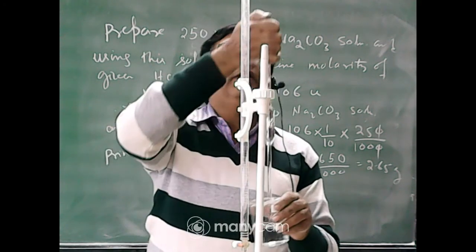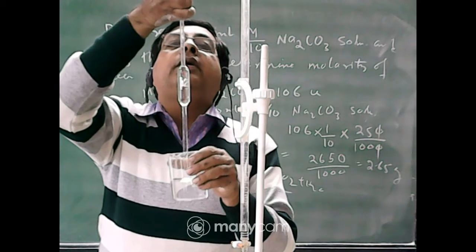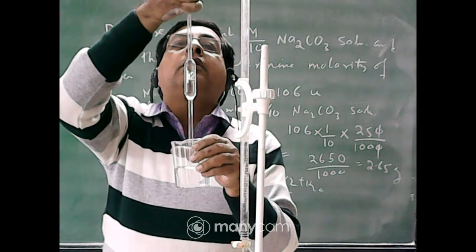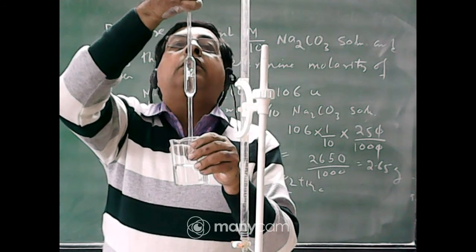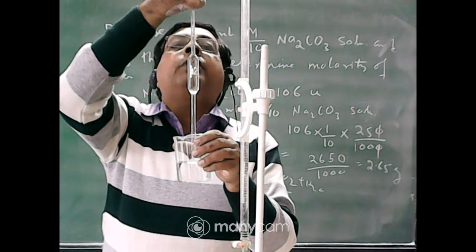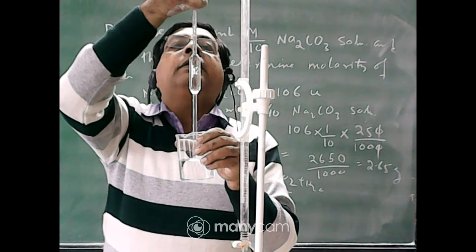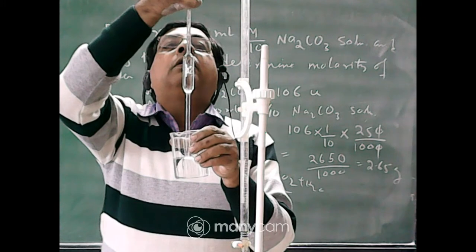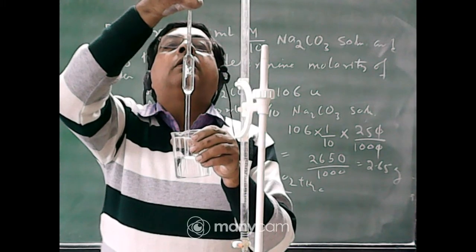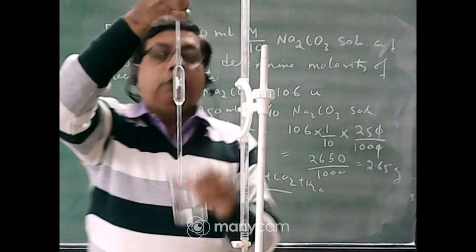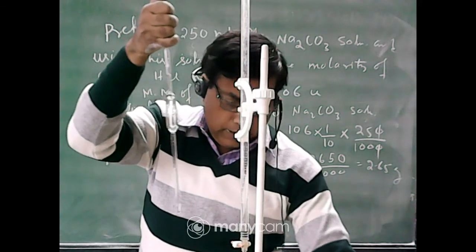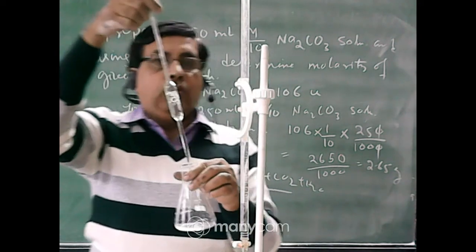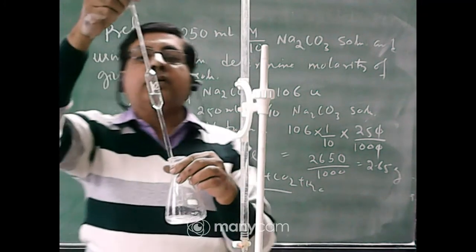Very cautiously, the acid should be up to the mark that is given in the pipette. This is 25 ml dilute HCl. We take it in the conical flask.